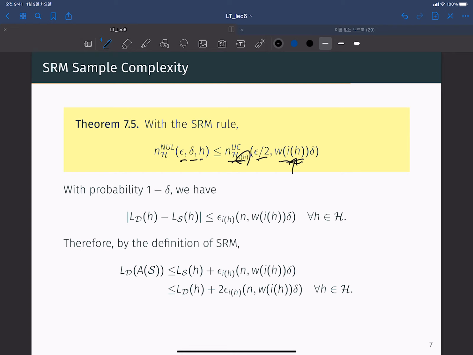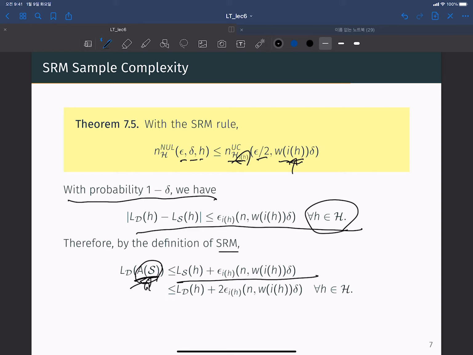This is because from the union bound, with probability 1 minus delta, we have this result for all hypotheses under consideration. Therefore, by the definition of the SRM rule, we basically find the hypothesis whose output for the given training set S has a test error upper bounded by every hypothesis's training error plus the confidence interval from the SRM rule.